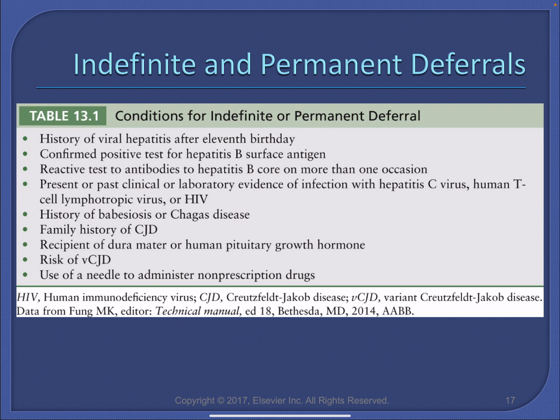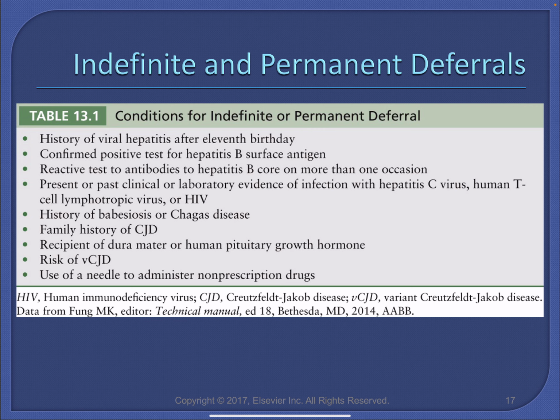So for example, some permanent deferrals can occur if the donor has a confirmed positive test for hepatitis B surface antigen, or they are a recipient of dura mater or human pituitary growth hormone.